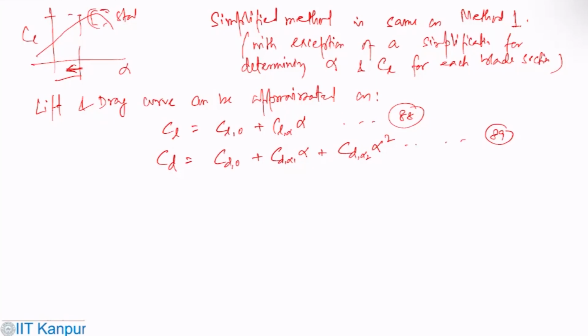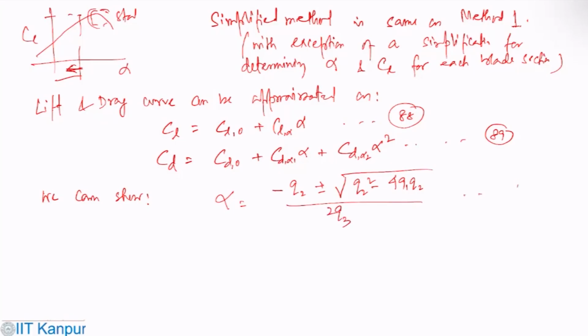When the lift curve is linear and the small angle approximation is used, we can show that alpha is minus Q2 plus or minus square root of Q2 squared minus 4 Q1 Q3, divided by 2 Q3.